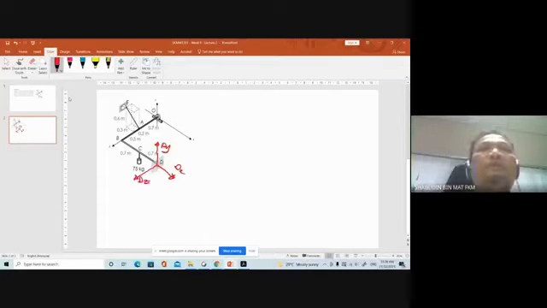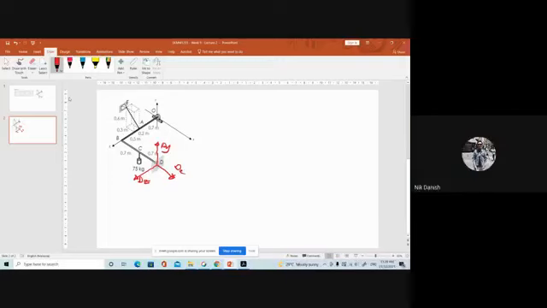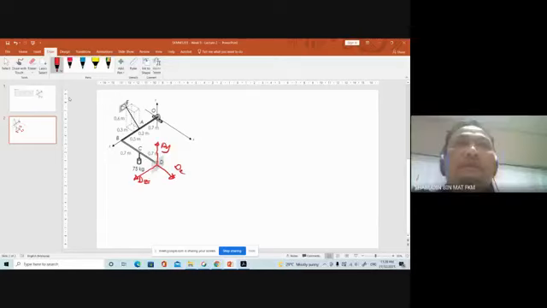How many forces at point O? Two, sir. And which direction? X and Y, which doesn't carry, so Ox and Oy. As simple as that.